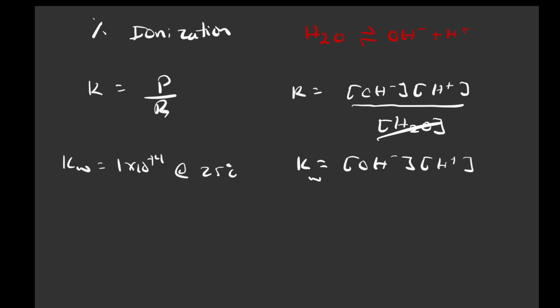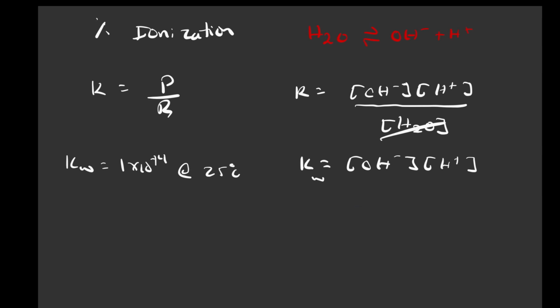So that means that we can often use Kw to determine some of our concentrations if we don't know them. If we use what we got on the previous problem with the HCl, we do some manipulation.